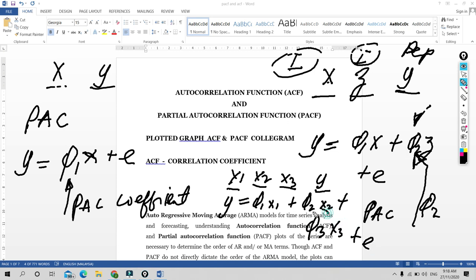So this phi 3 is the coefficient for the third level. This is the coefficient for PAC. So this is the basic idea of PAC and ACF. Okay.